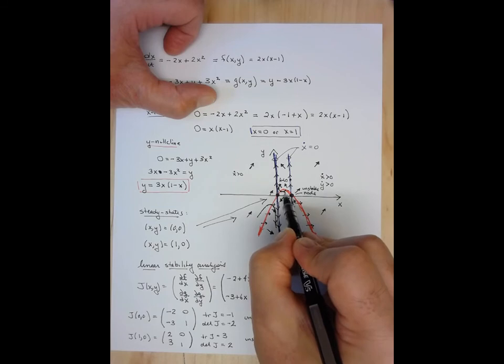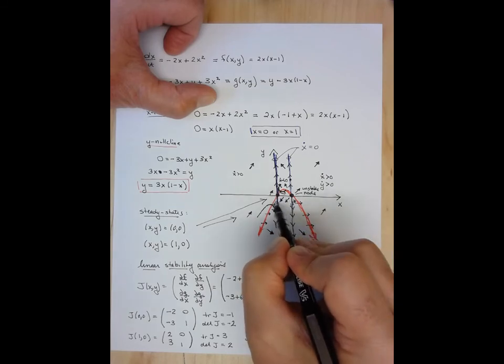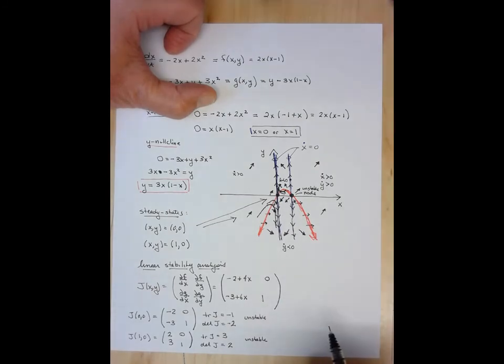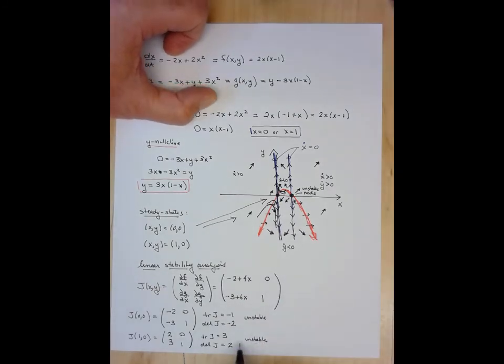So you see how there's some indication here that this is going to be a saddle. Saddles are unstable, which is consistent with what we have here. So I'm thinking that this is going to be an unstable node, and that (0, 0) was the saddle.